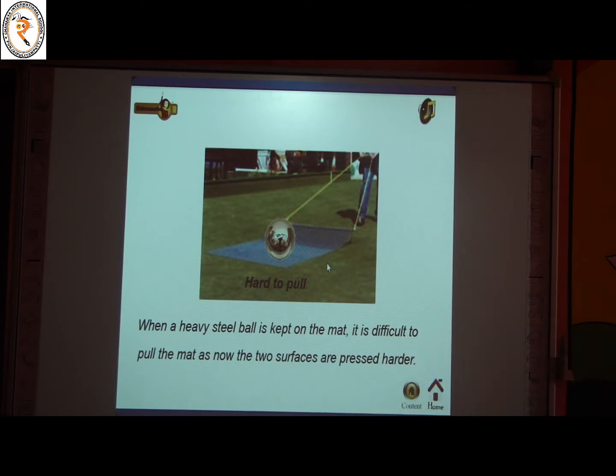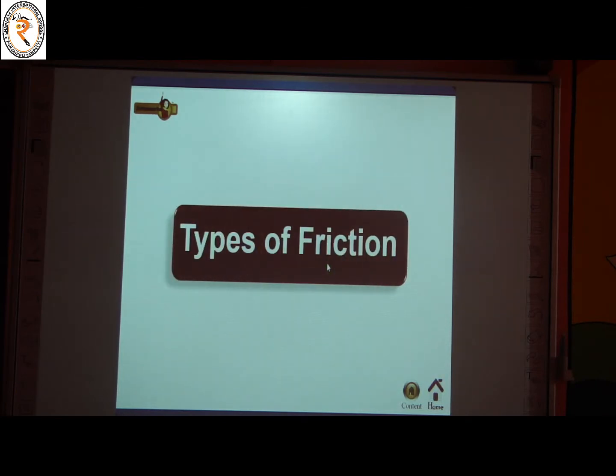The next one. Before going to the types of friction, we will do one activity related to force. We already know the types of force: gravitational force, frictional force, magnetic force, muscular force, etc. Now we will do one activity related to electrostatic force.